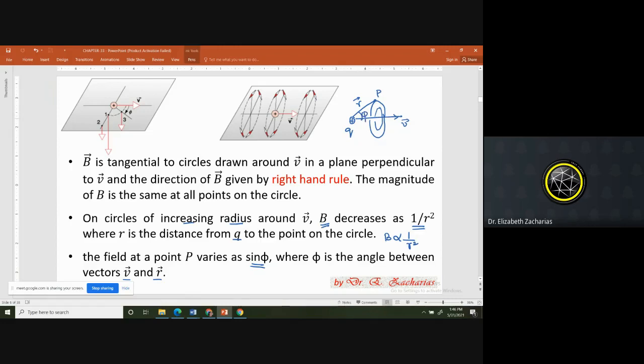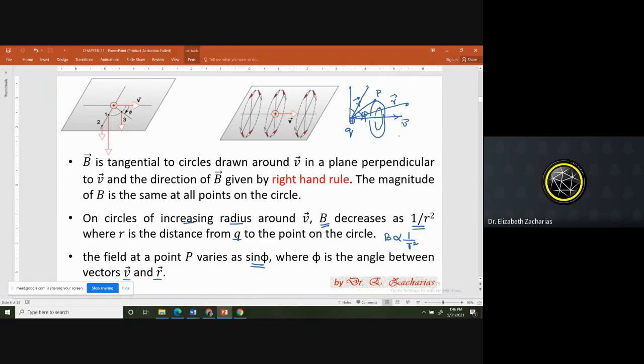This is phi. Now you see here, instead of taking a point P here, if I take a point P here, then accordingly my phi value is going to be different. Or if I take a point here, my phi value is going to be different. Or if I take a point here, my phi value is going to be different. So phi is actually the angle between the R vector and your V vector.